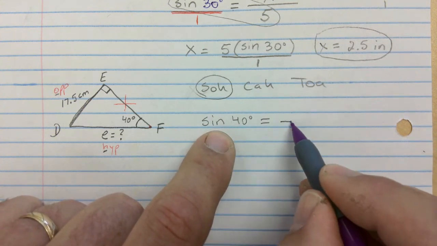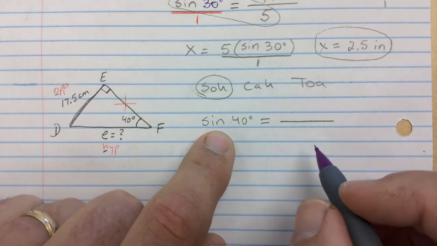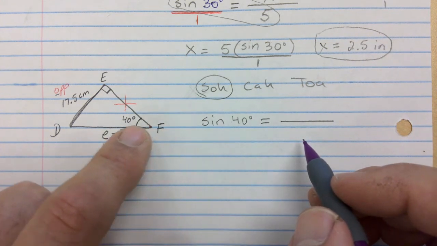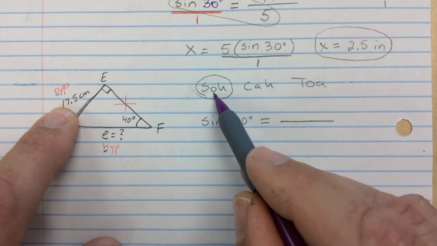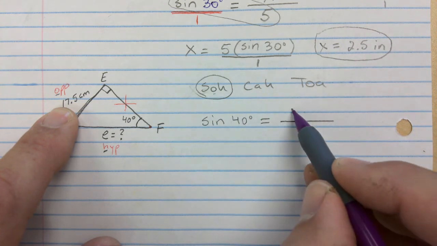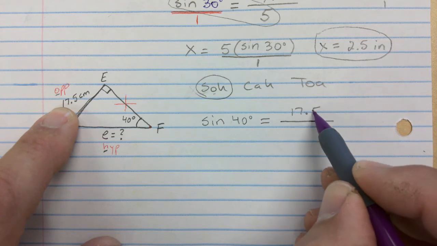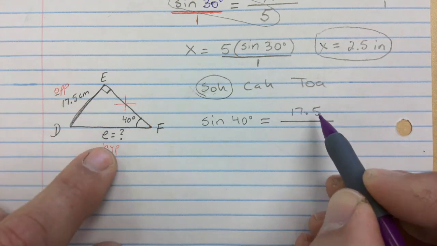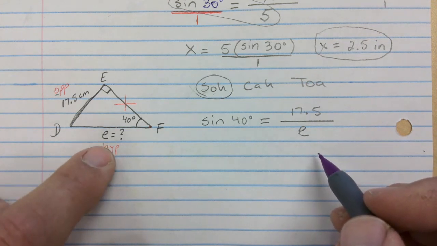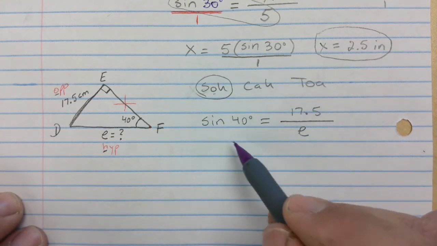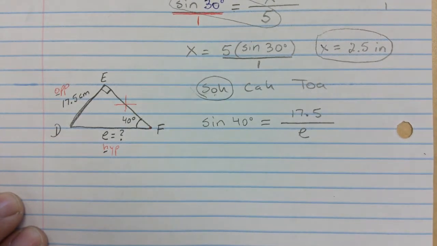Is equal to, on the other side, you'll have opposite. Right, because this is asking for opposite. So that has to come first. So this is 17.5 over, in this case, we call this E, right? Because you go with the letter that they're giving you. So this is my setup.